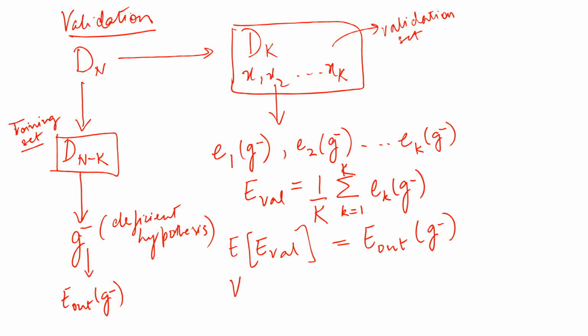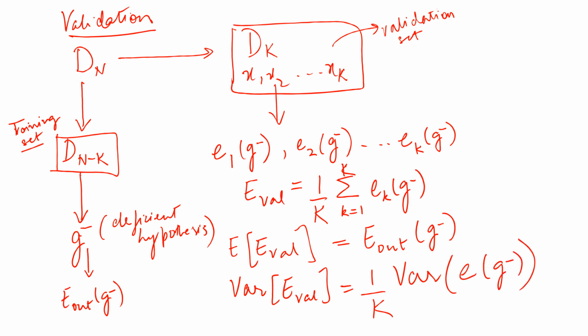Similarly, the variance of this E val is again going to be 1 over k times the variance of the error calculated over the deficient hypothesis. The entire analysis still holds, with the exception that my hypothesis is a deficient one.